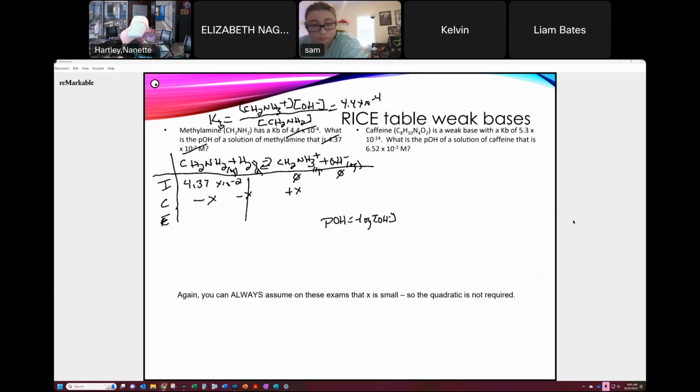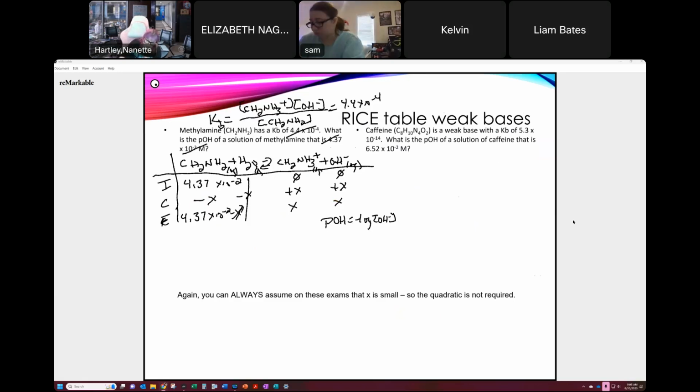This is a plus X, and this is a plus X. And then when we have our final conditions, our equilibrium, 4.37 times 10 to the minus 2 minus X, we ignore the X. And then that gives me an X here and an X here. Okay, because that equilibrium row is always the sum of the rows above it.